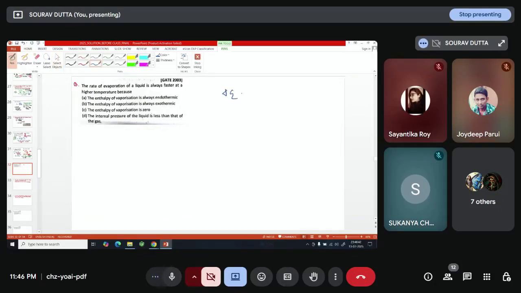Delta G equals delta H minus T delta S, where delta G is the Gibbs energy, delta H is the change in enthalpy, delta S is the change in entropy, and T is the temperature. I will discuss it in detail during the thermodynamics class. For any reaction to be spontaneous, delta G must be negative.